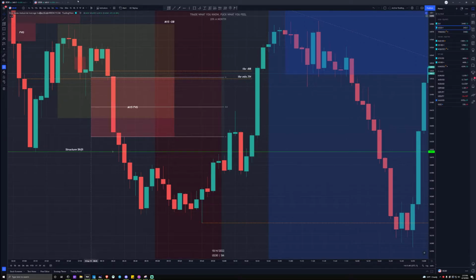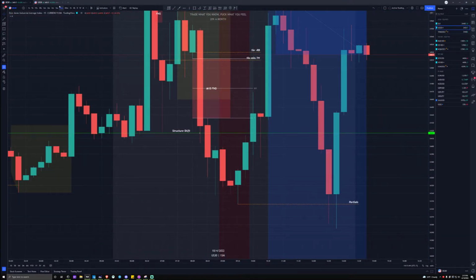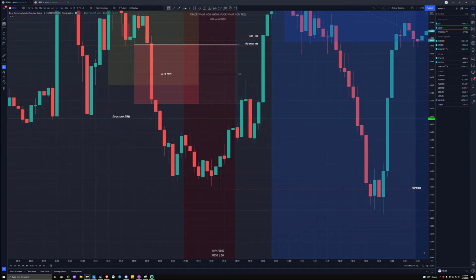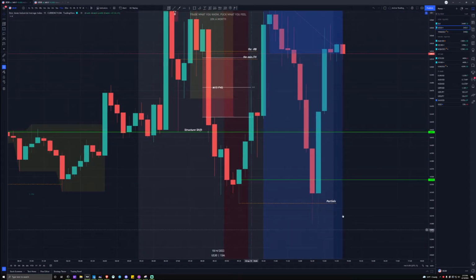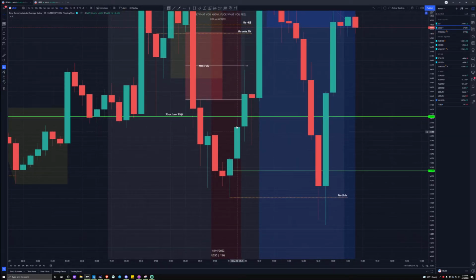All right, if we go back to the 15 minute, and remember if we had gotten into buys based off of this 5 minute analysis right here. So let's do that, let's go back to the 15. Notice something interesting. This green candle goes above the high of this wick. Fair value gap.